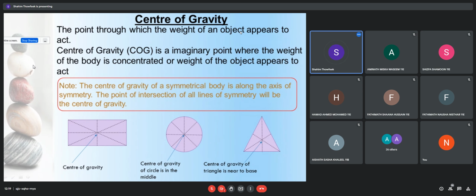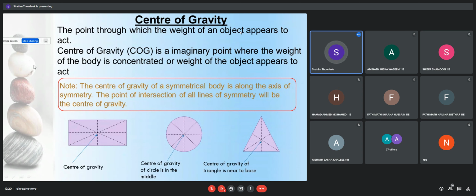center of gravity. For example, on the left side you can see a rectangle or a cube. Those are symmetric objects, so you can see the lines of symmetry. At one point, all the lines are intersecting exactly in the middle, right?